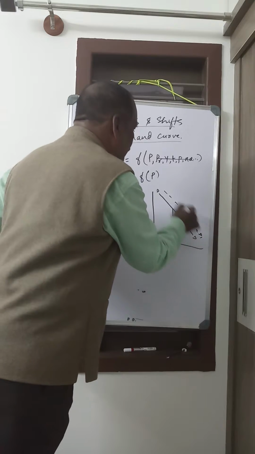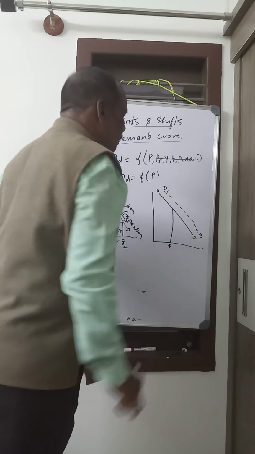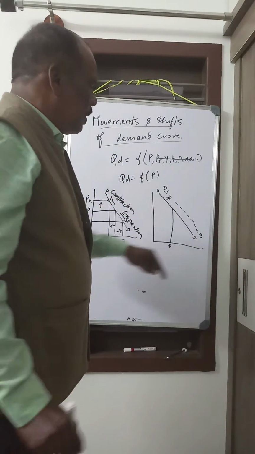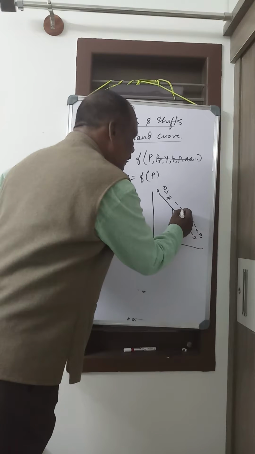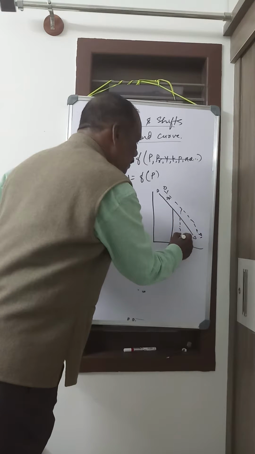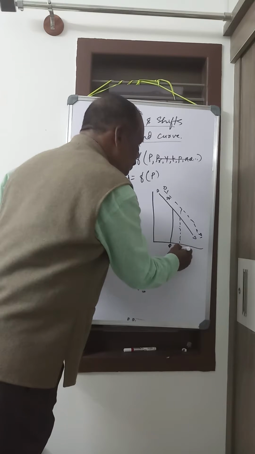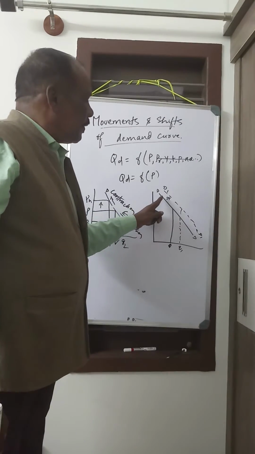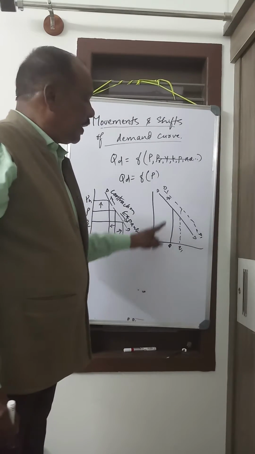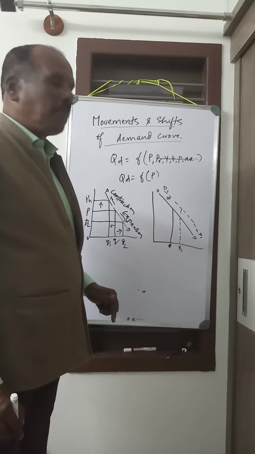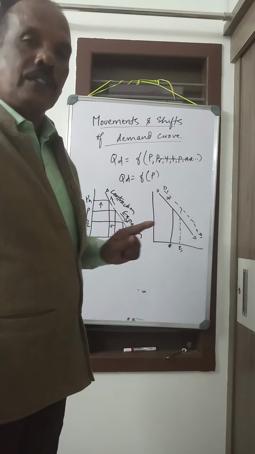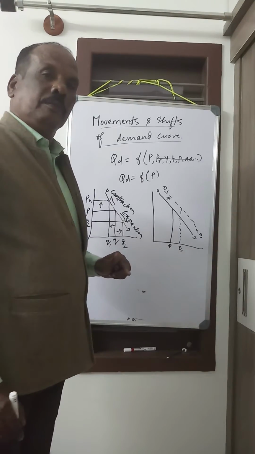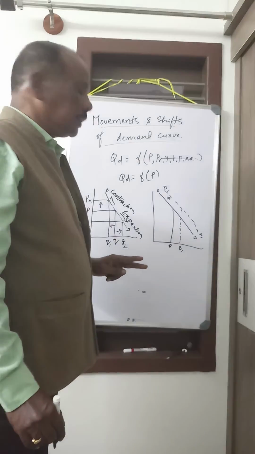This is D1. So the demand curve shifts rightward and the demand increases to Q1. That does mean if the income of the consumer rises, there will be an increase in demand for the commodity. Thus, there is a direct relationship between demand and income. Both of them move in the same direction.